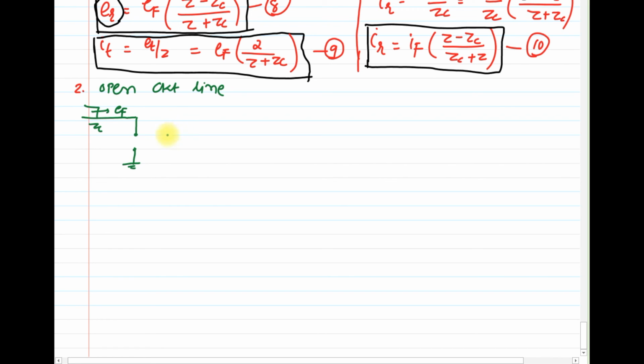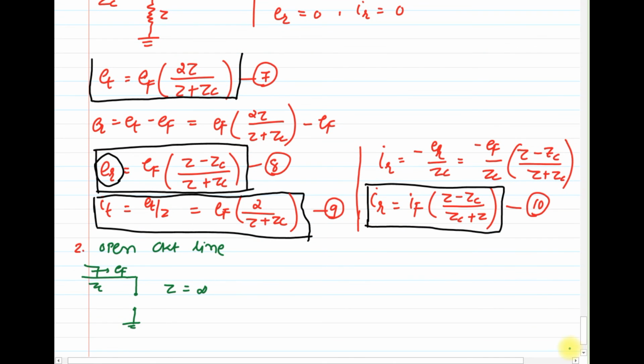That means the value of Z will become infinite. So substitute Z equal to infinite in all the equations. You will get ET equal to 2EF, IT equal to 0, and ER equal to EF, and IR equal to minus IF.